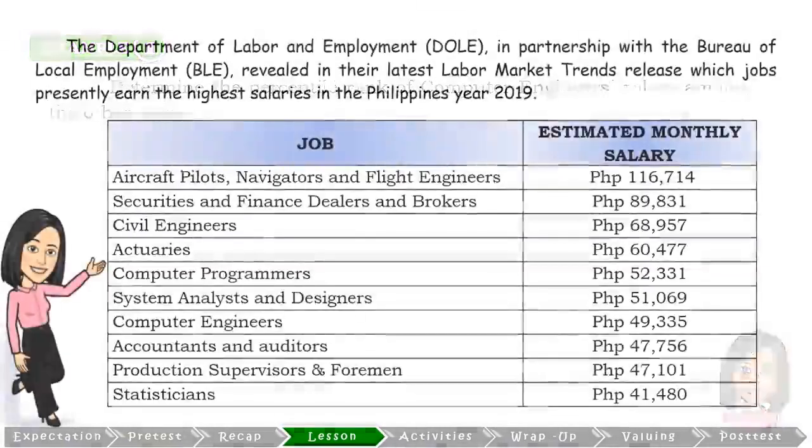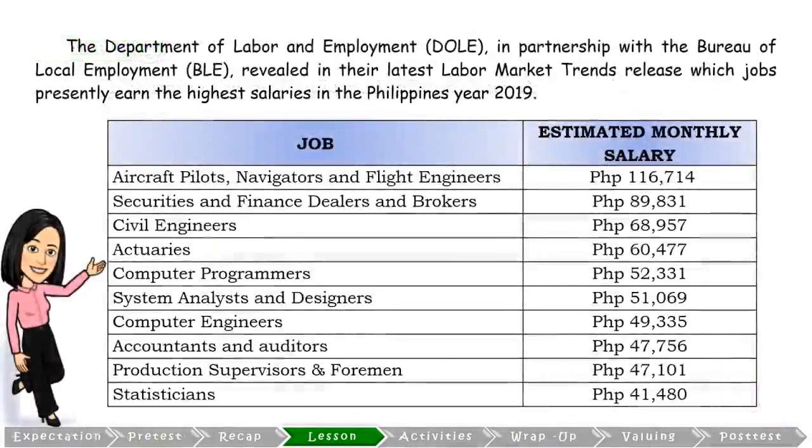When you go back to the given table, you will notice that the estimated monthly salaries in the second column are arranged from highest to lowest. You will also notice that there are 10 total jobs and 3 jobs are below computer engineers.